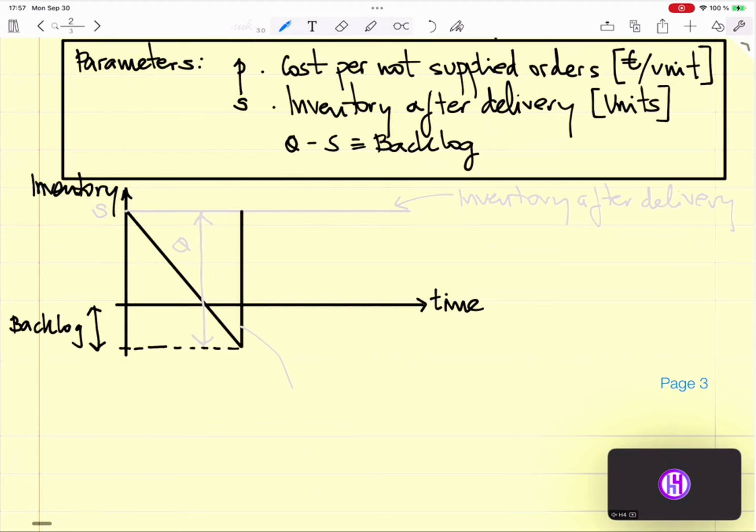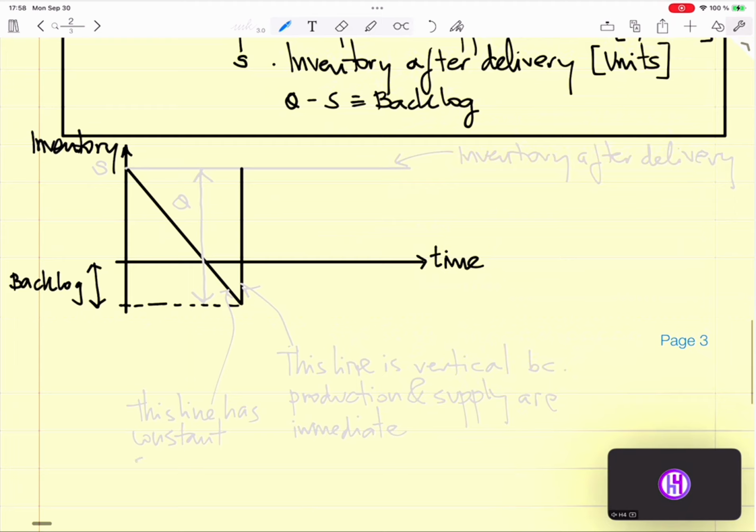This line is vertical because production and supply are immediate. This line has constant slope because demand is constant.